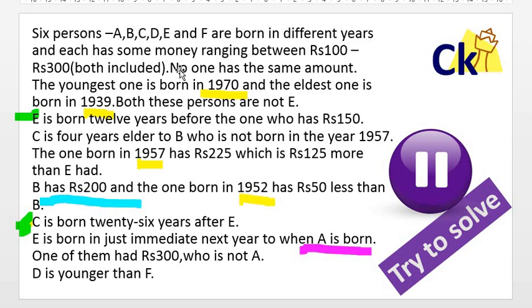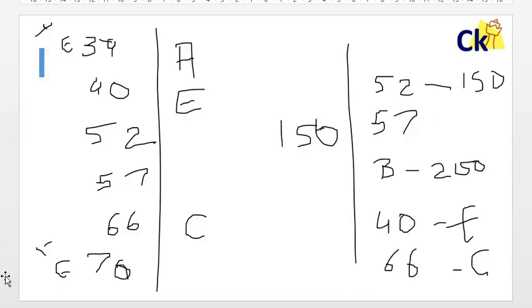Now the remaining conditions are this, this, and this. Okay. Now it is given that C is 4 years elder to B, who is not born in the year 1957. Now C is 4 years elder to B. If C is born in 1966, then B must be born in 1970.